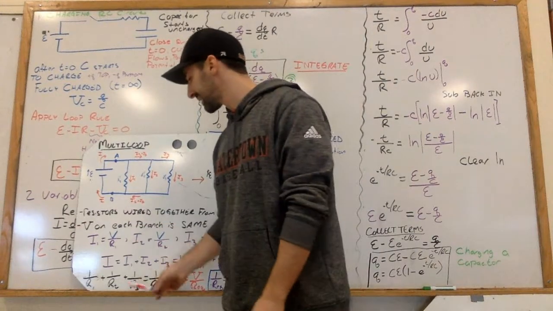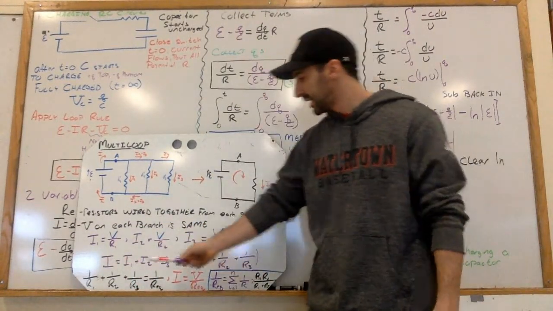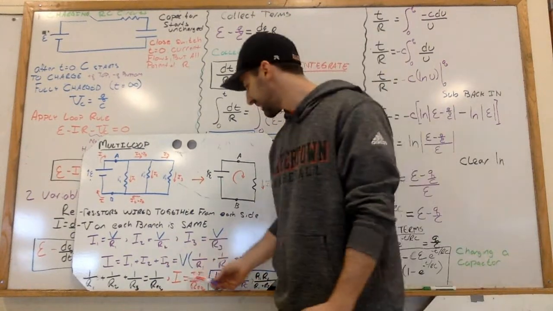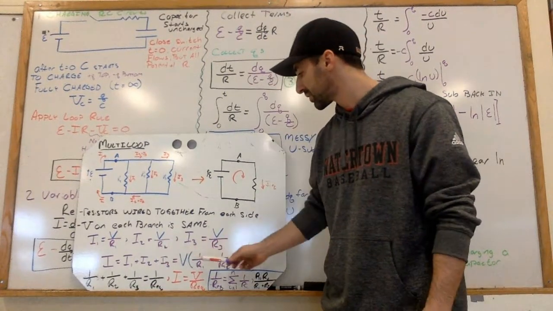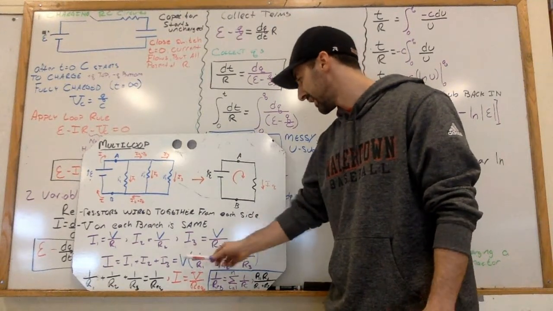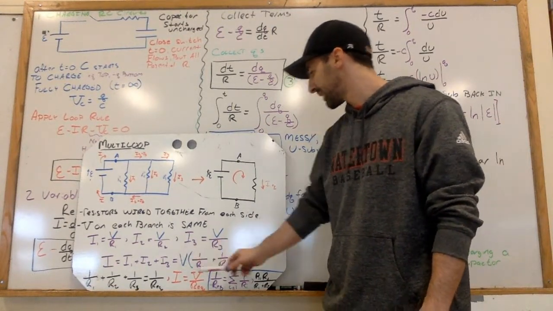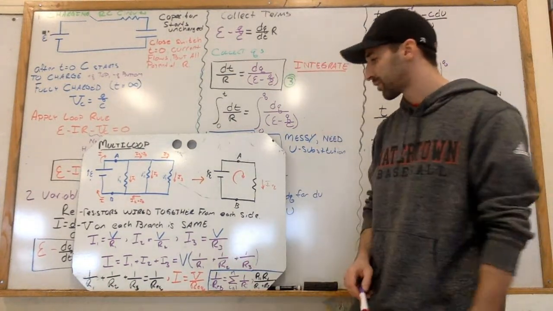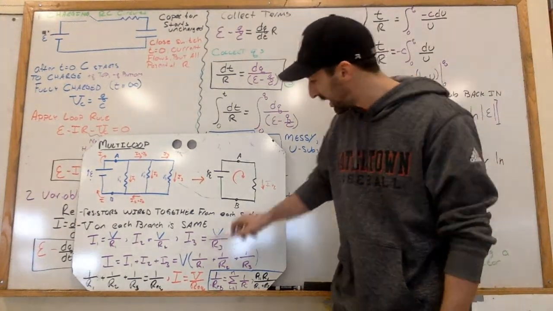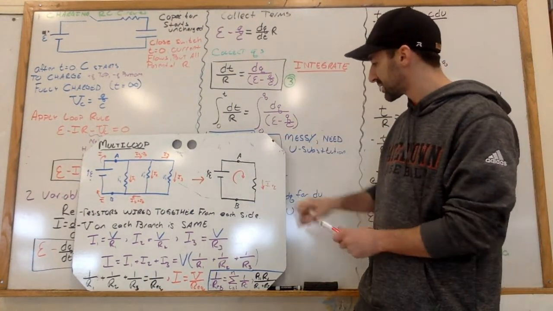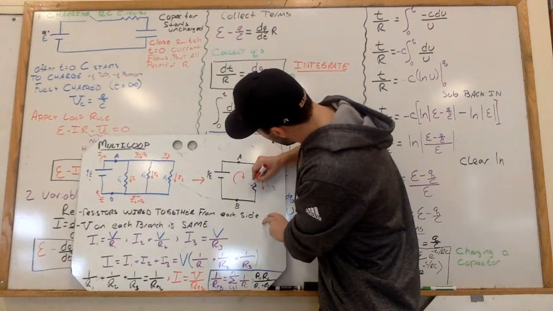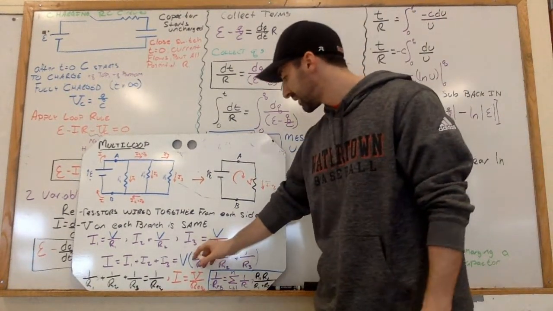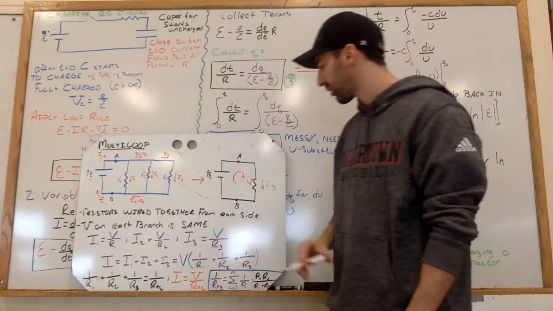If I sum all that together, my total current, I1 plus I2 plus I3, which is just an application of the junction rule, is equal to my total potential times, this is V equals IR, 1 over R1 plus 1 over R2 plus 1 over R3. So what we're looking at is this equivalent resistance, REQ, which is really 1 over all of that function right there.